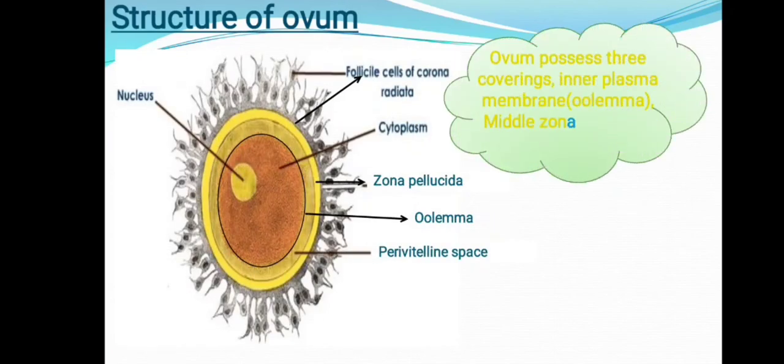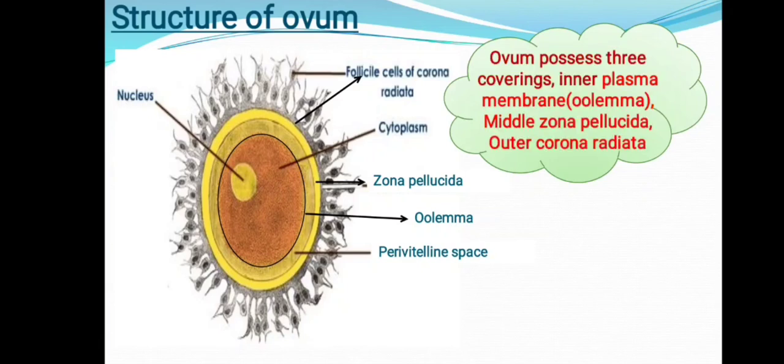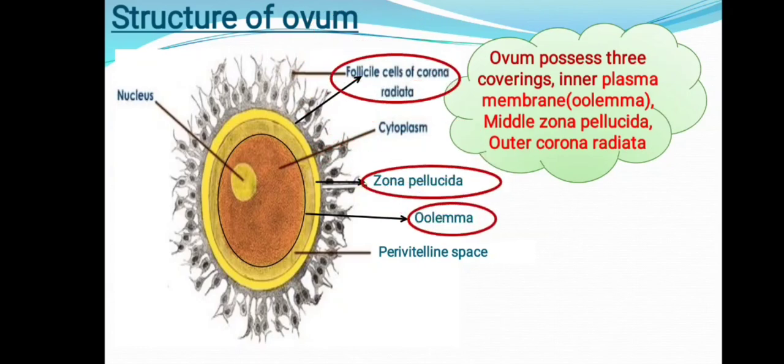The ovum possesses 3 coverings. The inner covering is the plasma membrane or the oolemma, the middle layer is the zona pellucida, and the outer is the corona radiata.